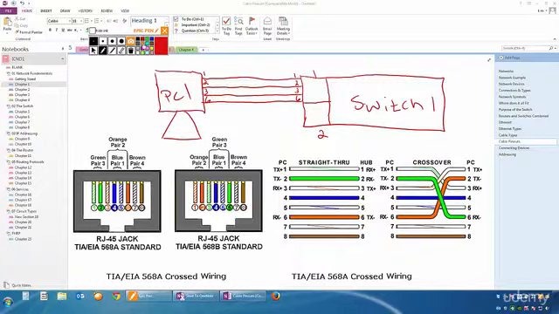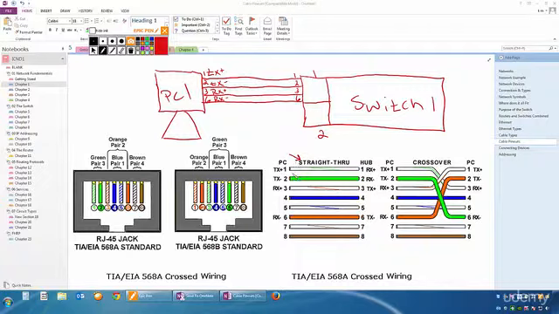Now, PC 1 is going to have transmission up here, transmission. We all know this. This is how all the network cards are with the PCs. He's going to have receive and receive. Now, I can even add the plus and the minus and the plus and the minus if I want to. But, however, do we use crossover cables going from a PC to a switch? No. We use a straight-through cable.